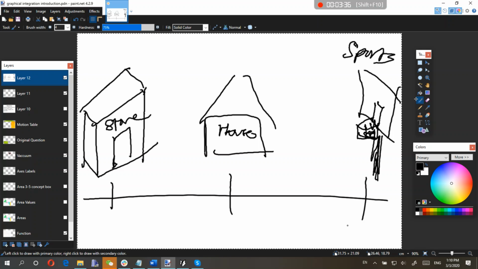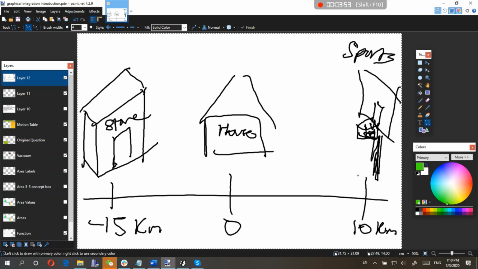Okay, if we start from home, go to basketball, and then go to the store. What's our total distance traveled? $25, okay. But what would our displacement be?